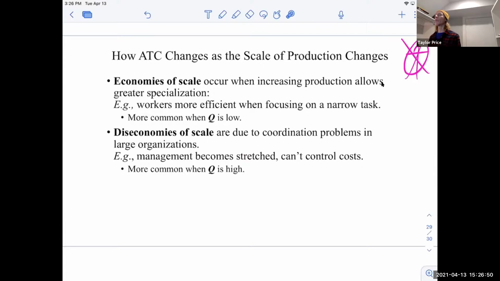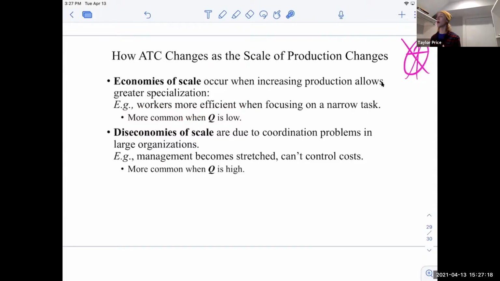So workers can become more efficient rather than making an entire car. Maybe a worker is focused on just making the motor or just making the upholstery. That's going to be more efficient, because that allows workers to get more efficient at producing that one specific type of good. And usually that's more common when quantity is low.